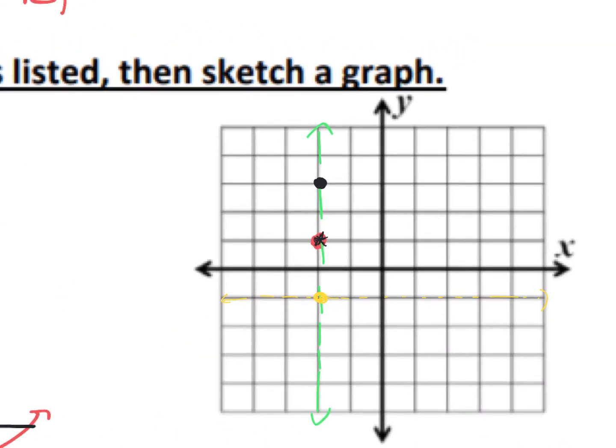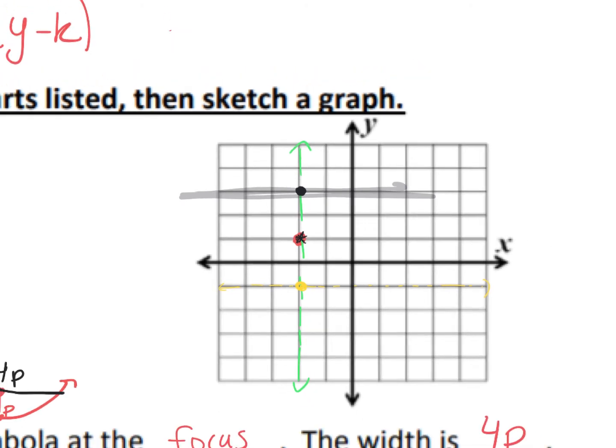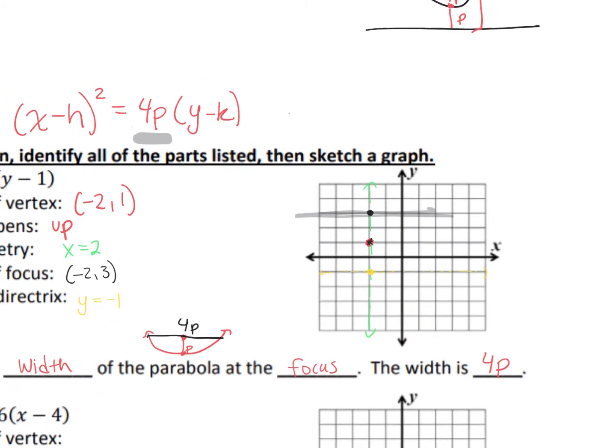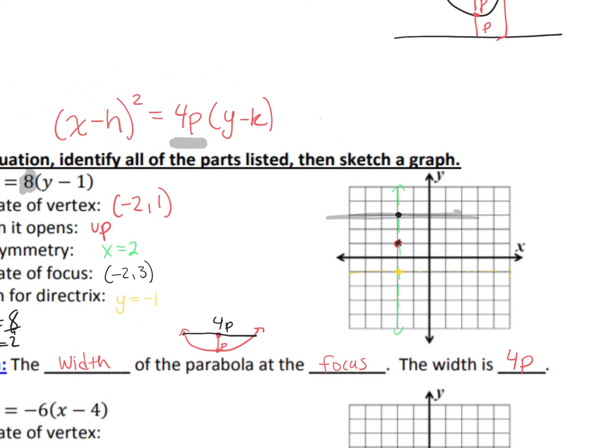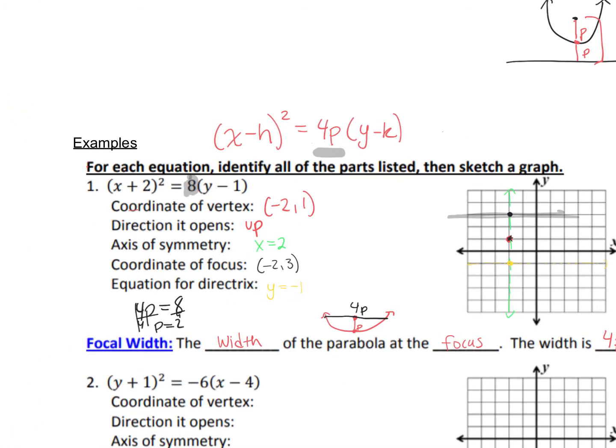Well, I know p is 2, so I know that this entire width right here has to be 8, because it's 4 times p. And it gives us that also in the actual equation itself. That 8 right here, that's what the width is at the focus.